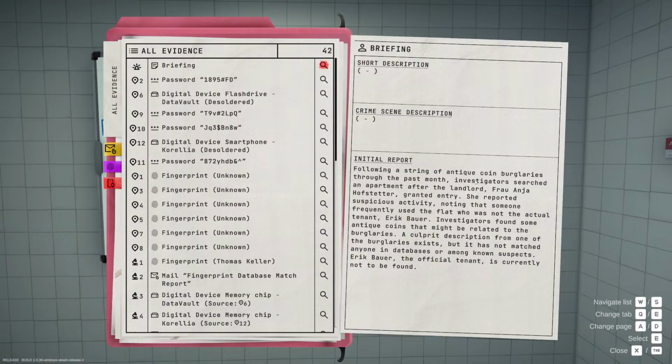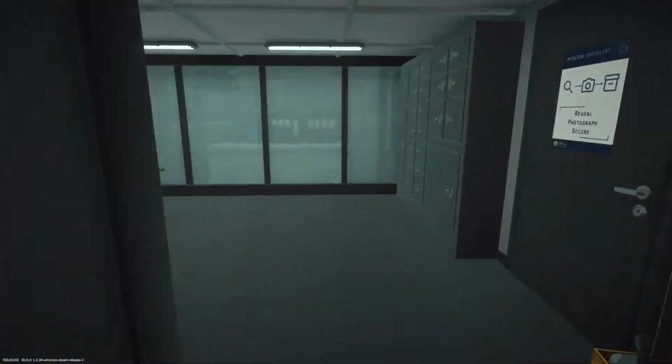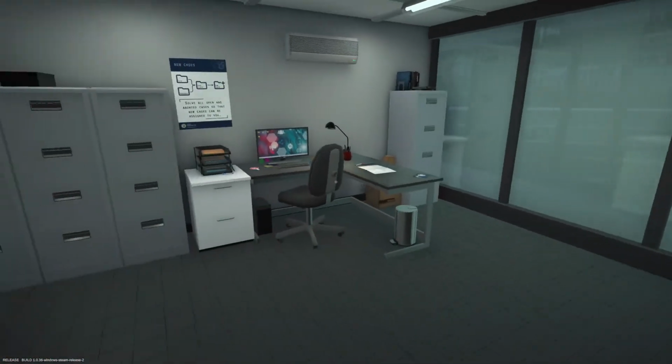Briefing. Okay. Oh, so Eric is not the... It says right here, not the actual tenant. Got it, okay. Alright. So clearly we're missing something, right?